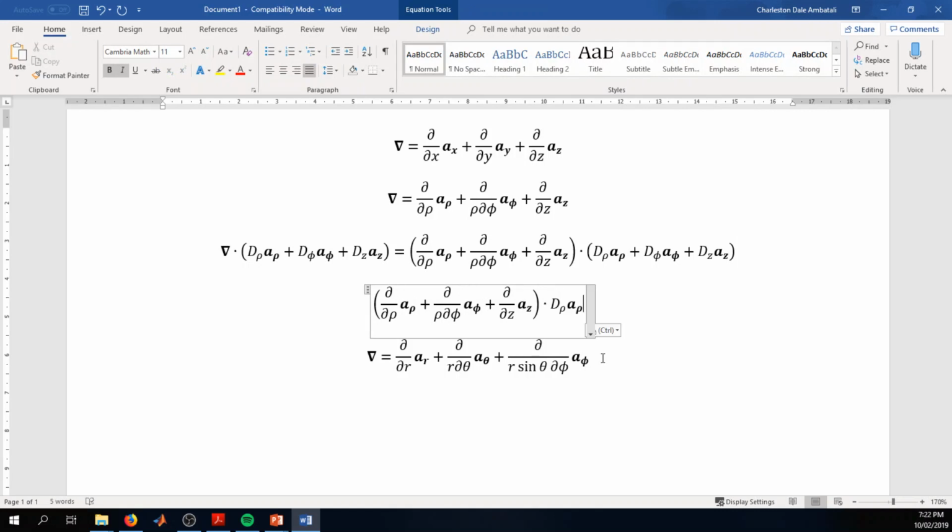So we distribute this expression into each component, just distribute that to this, to this, to this. Okay, so it will look something like this.